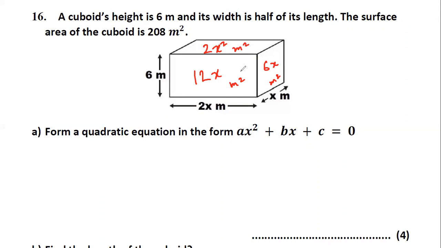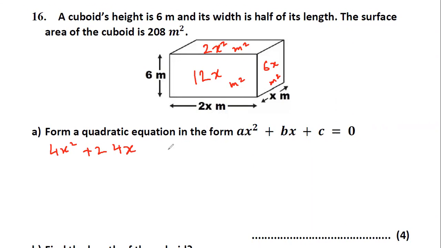And as we have learned from the previous questions, in the case of cuboids, we need to just double the values of the three faces and we'll get the total surface area. So double of 2x squared will be 4x squared. Double of 12x will be 24x, because there's a face in the back as well. Like in the case of the top face, there's a face in the bottom.